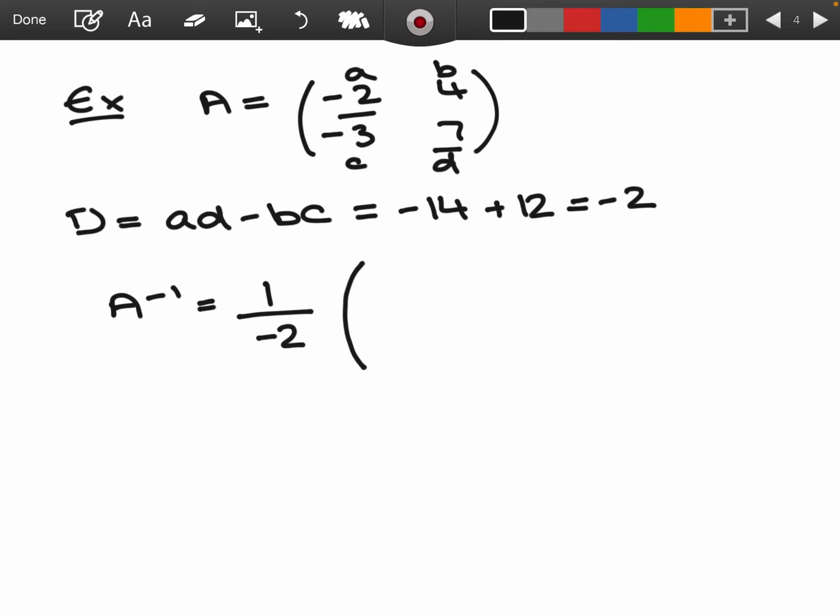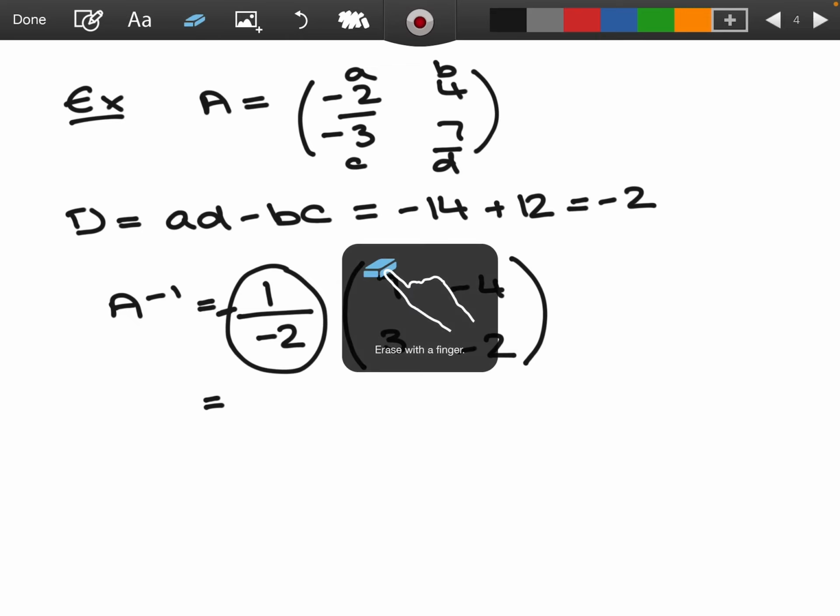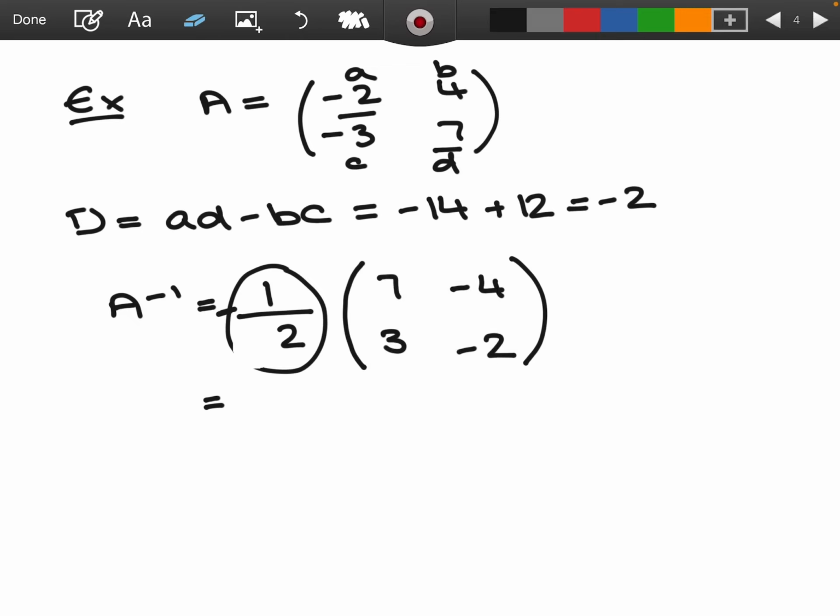Then to find A inverse, it's 1 divided by the determinant multiplied by this matrix. I need to switch the positions of A and D, so 7 becomes my top left element, and -2 goes in the bottom right. B and C become the negative of what they were, but stay in the same positions. This fraction, 1 divided by -2, is -1/2.